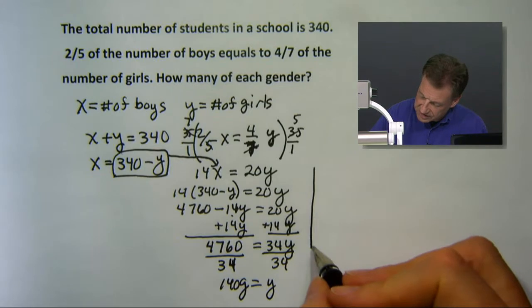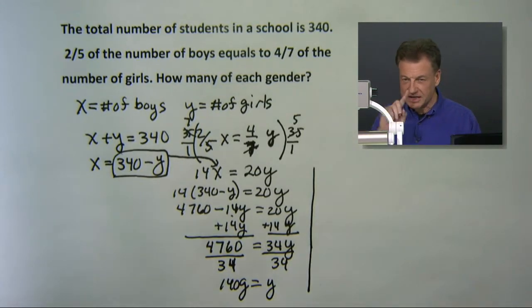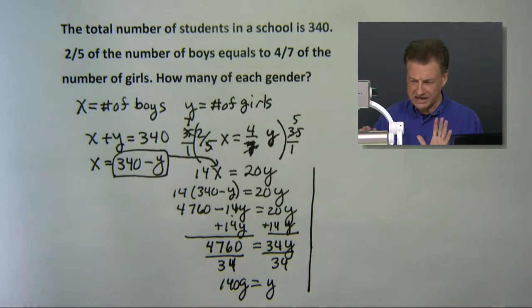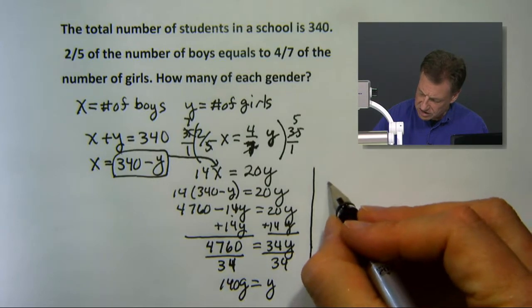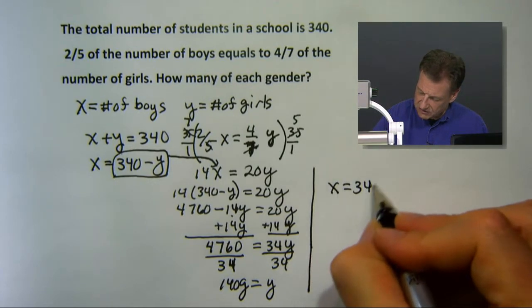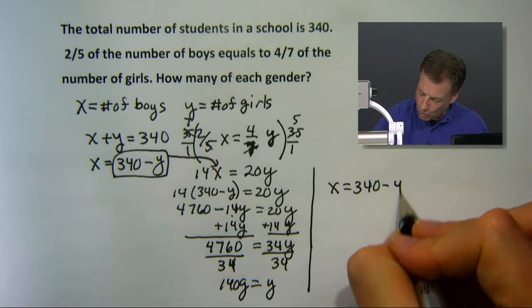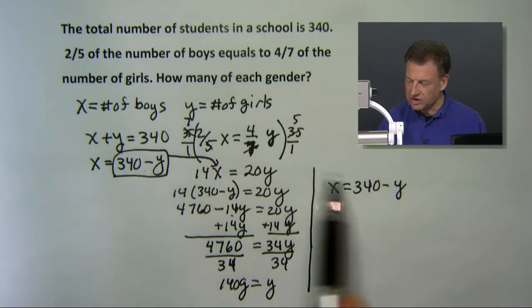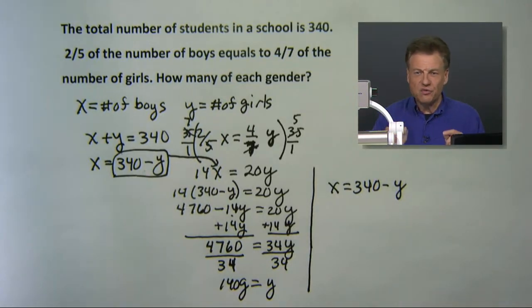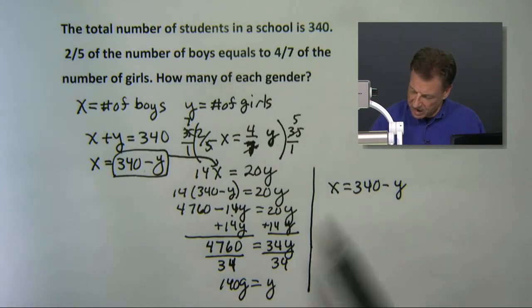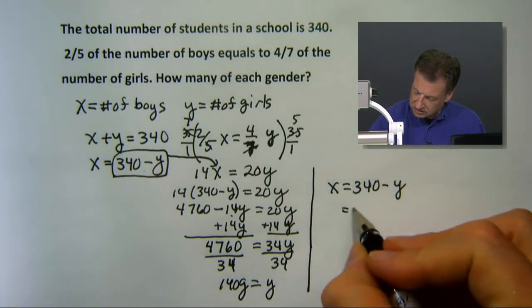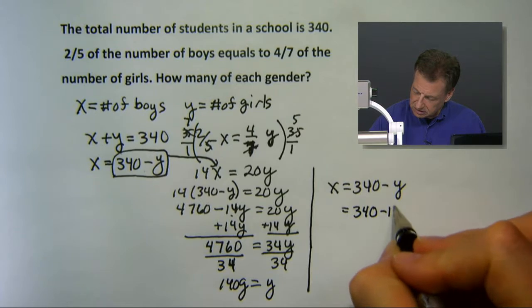So over here, let's finish this thing off. Make it easy. Make it really easy. We've already established that x equals 340 minus y. Let's bring it right over here from there. Now, what's that going to do for me? It's going to allow me to put that 140 in for y. Now look what happened.